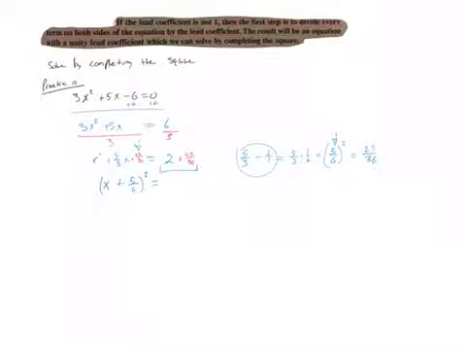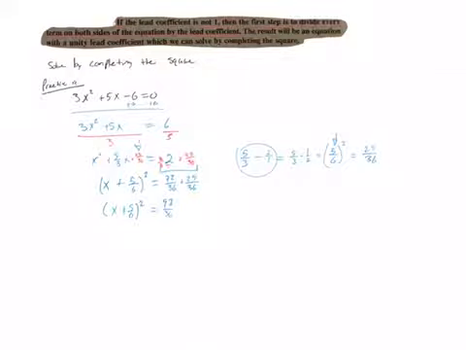I want to know that 2, if I multiplied it here by 36 over 36, would be 72 over 36 plus 25 over 36, which will then come out to be 97 over 36 is equal to this, x plus 5 over 6 squared.